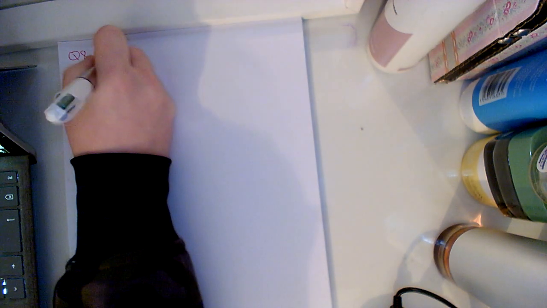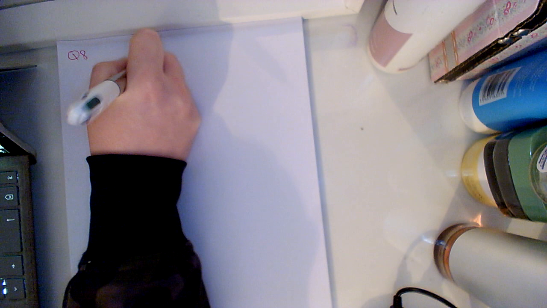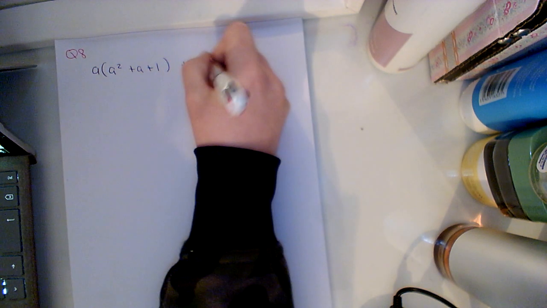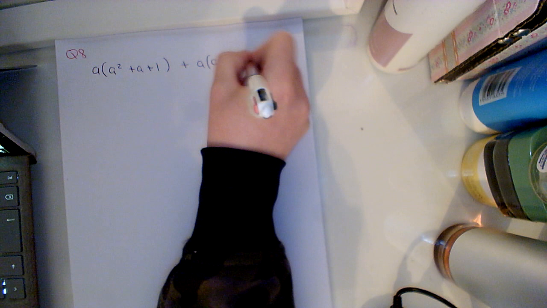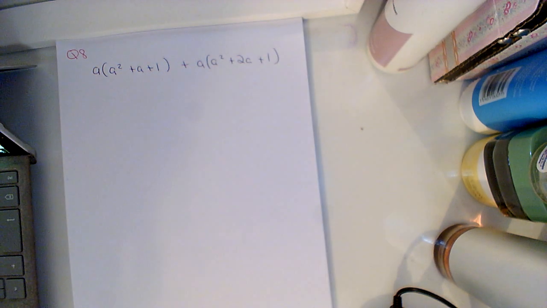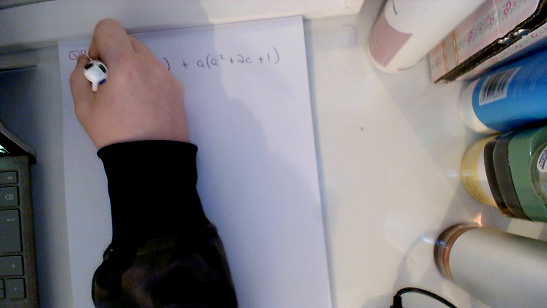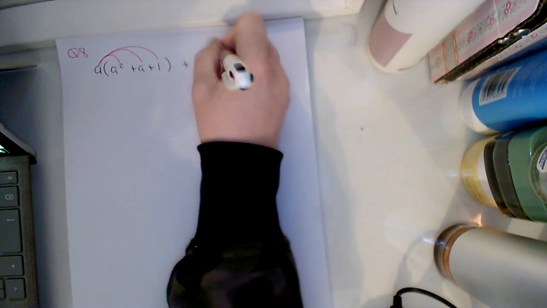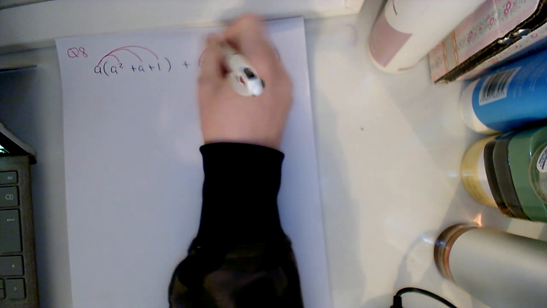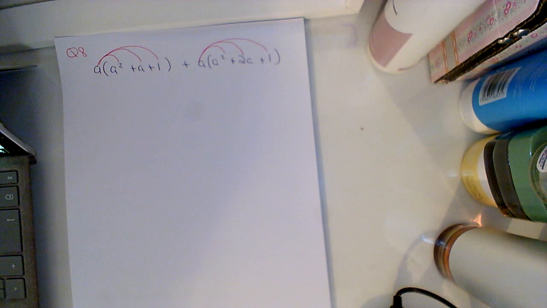So the first one I have is (a² + a + 1) + a(a² + 2a + 1). Okay, so the first thing I do is I draw my arrows like this. Then I'm going to rewrite the sum.